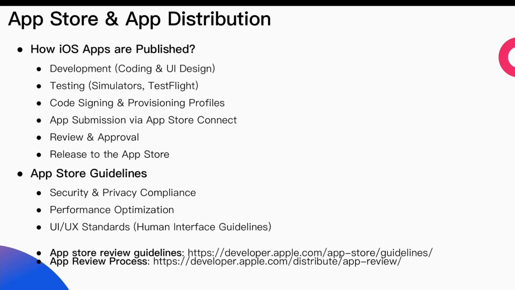Understanding the App Store guidelines: once we have the idea of an application, we plan for the development, do some designing, and then start development, coding and UI design. After that, once the development is done, we do the testing on the simulators, and also through TestFlight.